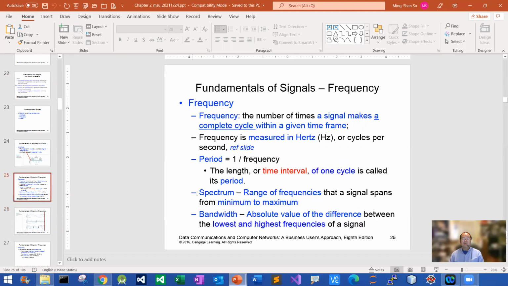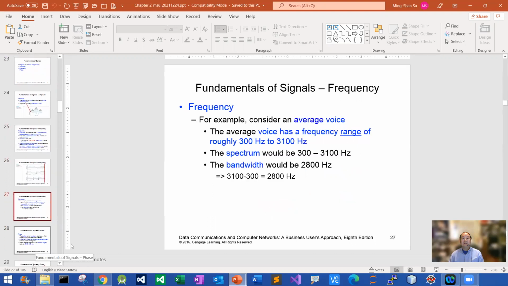You might also have heard about the term spectrum. Spectrum is the range of frequencies the signal spans from minimum to maximum. Bandwidth is the absolute value of the difference between the lowest and the highest frequency of a signal. Over here it uses an average voice as the example.